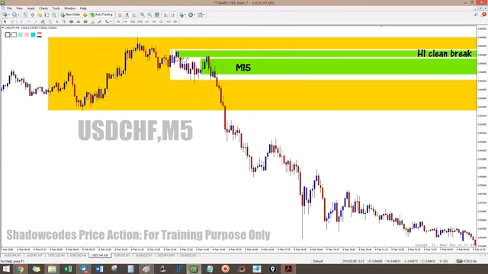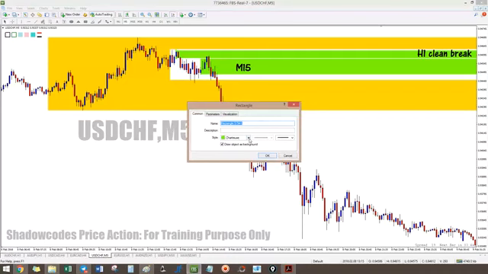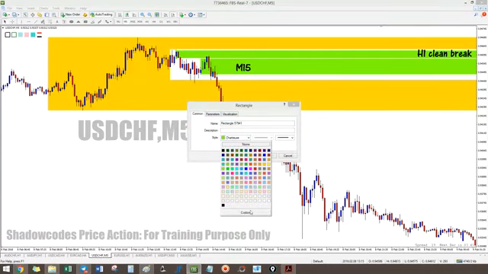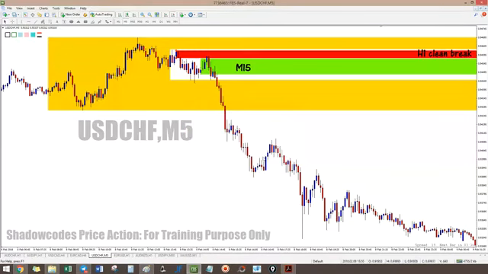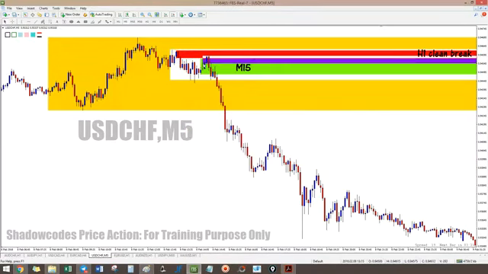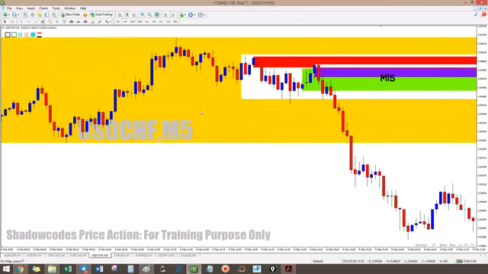For example, for M5 we will use red color. This one is also a clean break, this one is a clean break, this one is not a clean break. Alright, that's it.